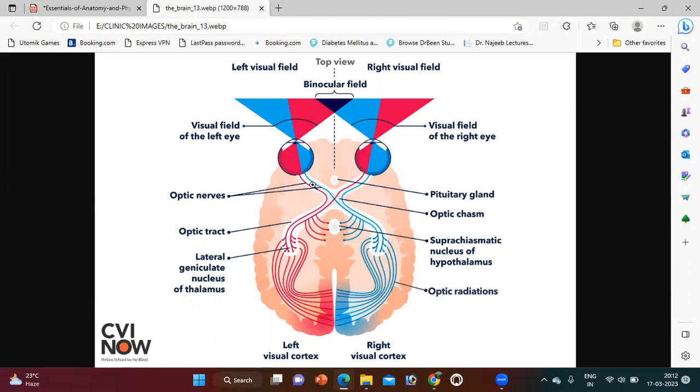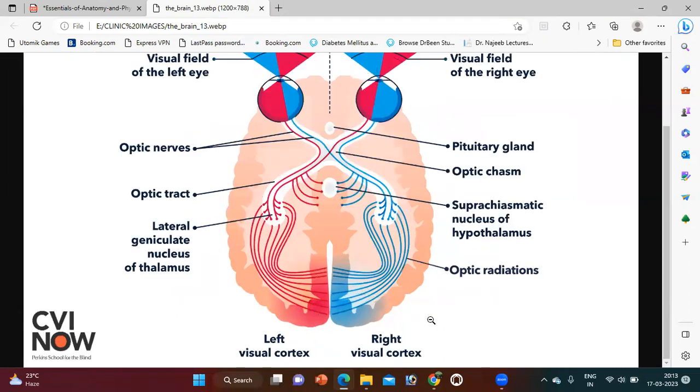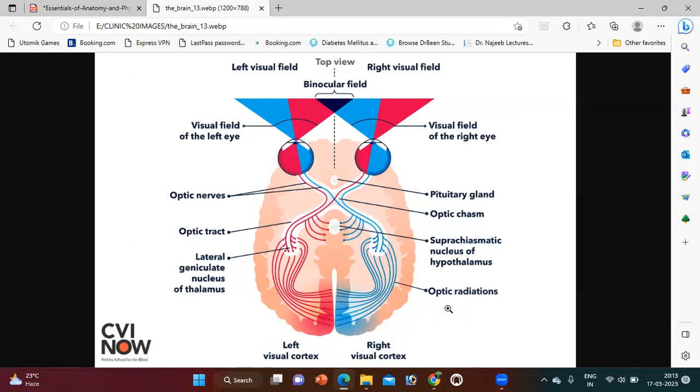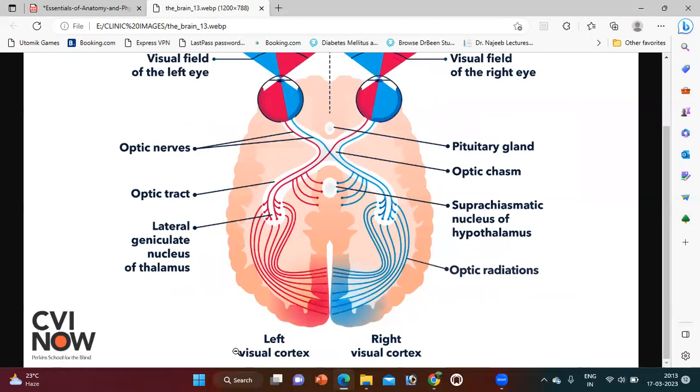Then here we have the optic nerves. With the help of optic nerves, the image is taken to this pathway, the optic tract, then the thalamus, then the left cerebral cortex. This is the visual cortex, the right visual cortex.